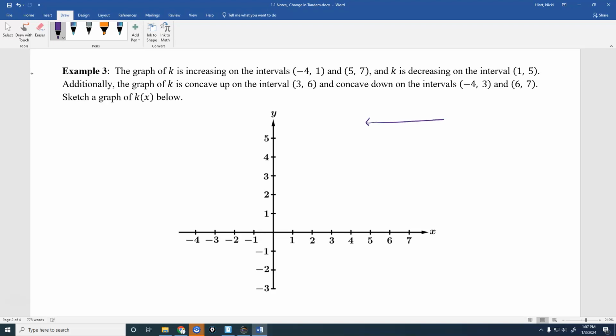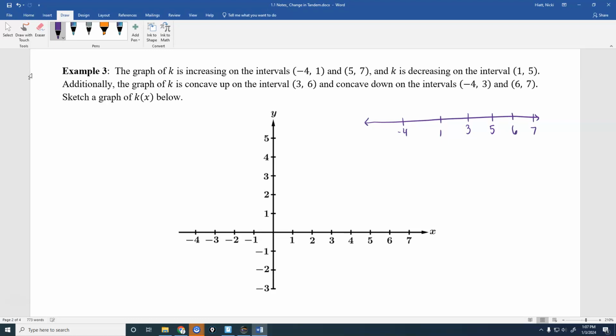So I like to make myself a number line, and I like to put all of these numbers on it in order. So the lowest number I see is -4. That's the only negative number I see. Then 1 is next. 3 is next. 4, 5, 6, and 7.